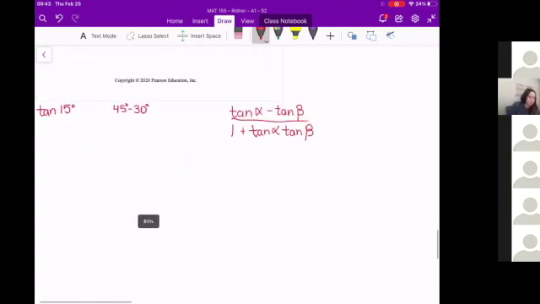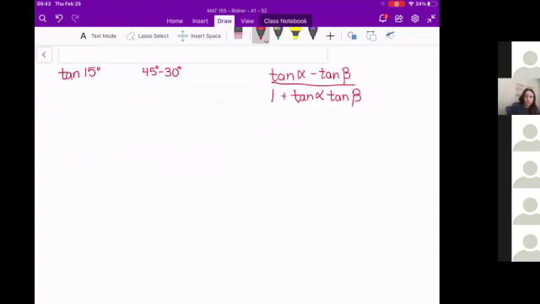I haven't used it in a year, so I don't want to screw that part up. All right, so we're going to call this one alpha and this one beta. So we're going to have tangent of 45 degrees minus tangent of 30 degrees all over 1 plus tangent 45 times tangent 30.